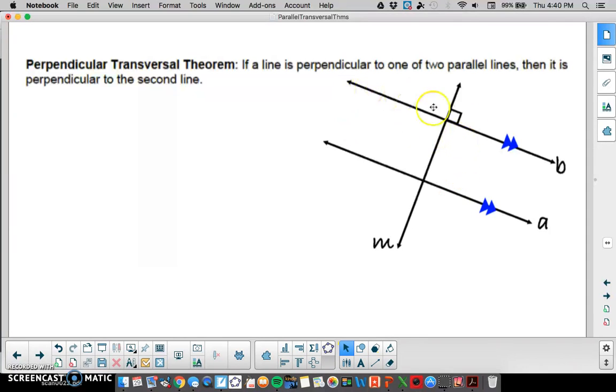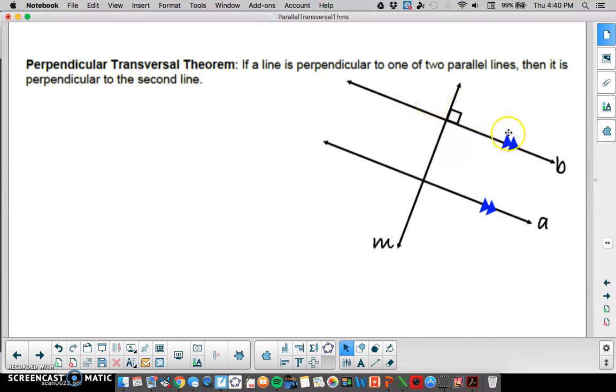Well, because A and B are parallel, and we know that because of these arrows on lines A and B, we also see that M is perpendicular to B because we see this little box to represent that 90-degree angle.